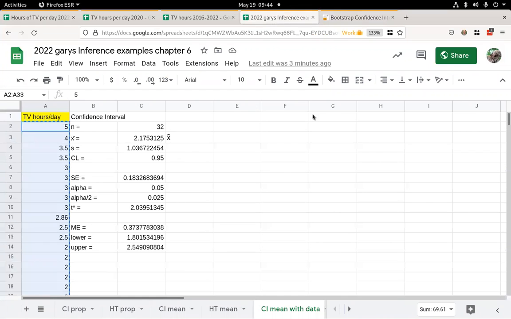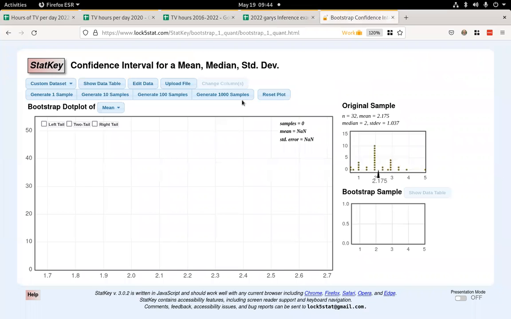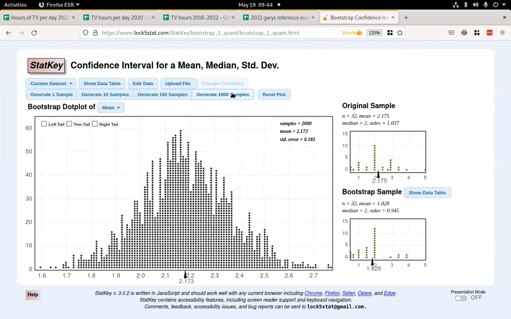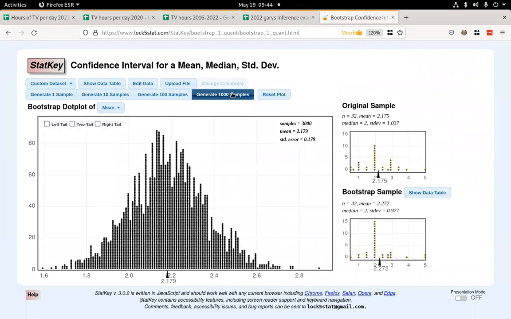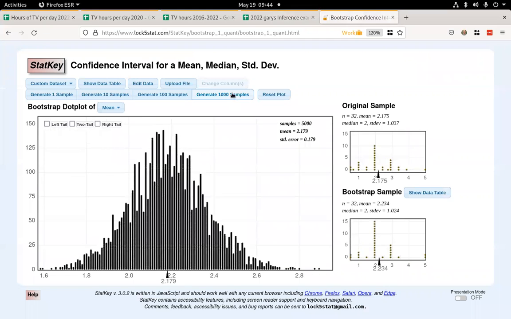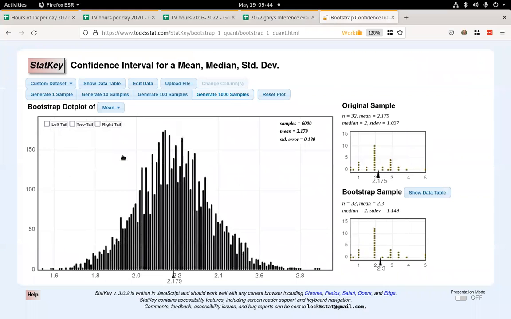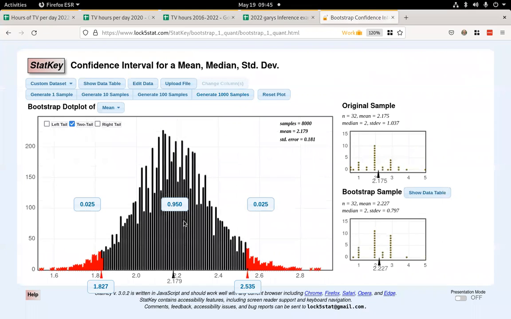Yep, good. I got the data in there correctly, and then we generate and generate. How many? 5, 6, 7,000, somewhere in there. Let's go 7,000. Two-tail. StatKey goes for 95% right away.